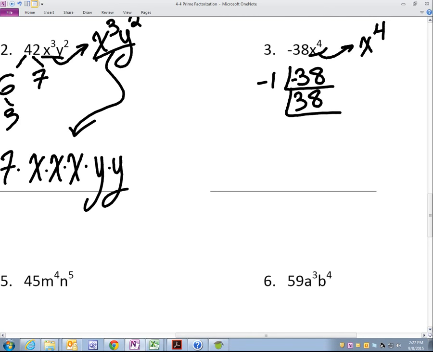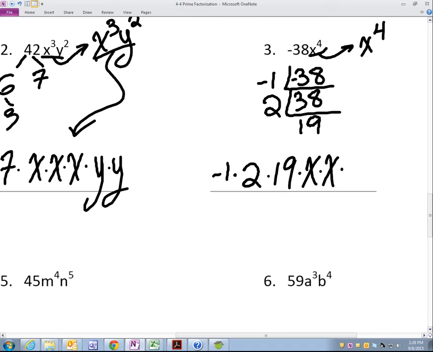No. Okay, so we can't make it bigger, so I have to go smaller. 2. 19. So I have, and 19 is prime, so I'm done there. -1 times 2 times 19. Please stop breathing through your pen cap. And that's the answer to that one.